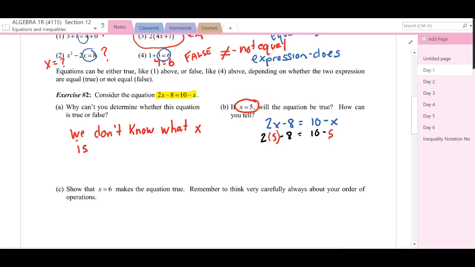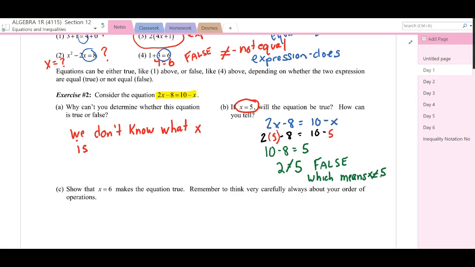When I do this math, 2 times 5 is 10, minus 8 is 2, and 10 minus 5 is 5. Is 2 equal to 5? The answer is no. This is false, which means x does not equal 5.